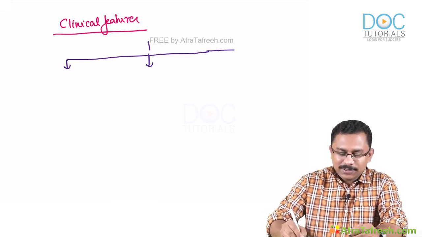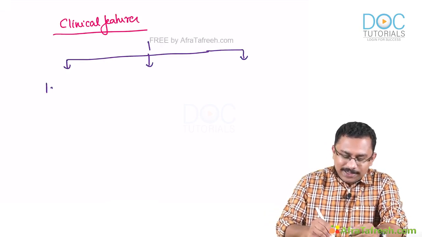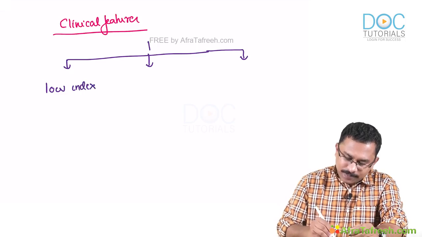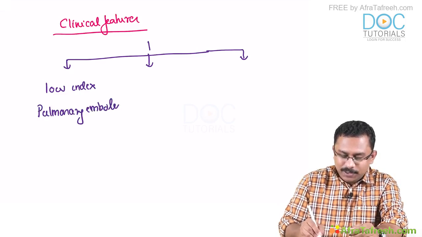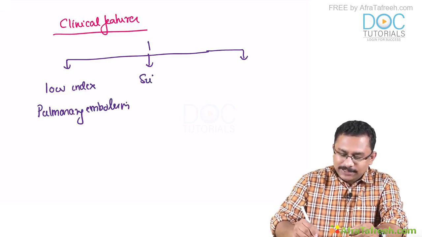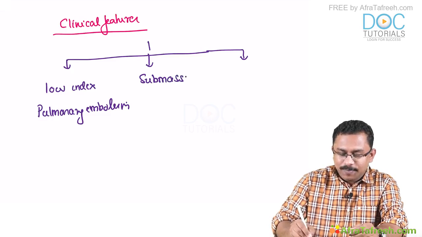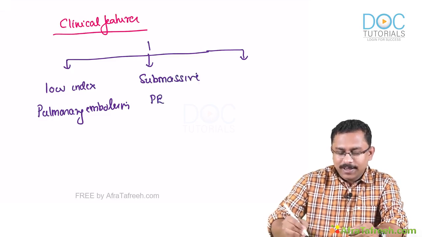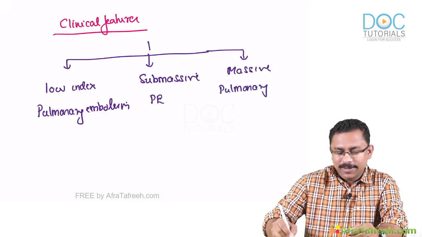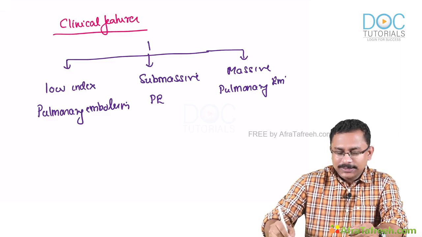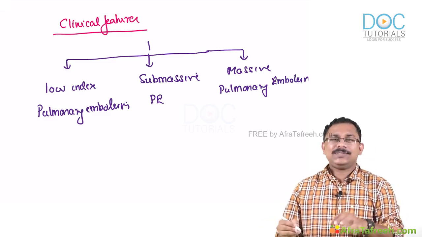One is a low index pulmonary embolism, then you can have a submassive pulmonary embolism, and you can have a massive pulmonary embolism.